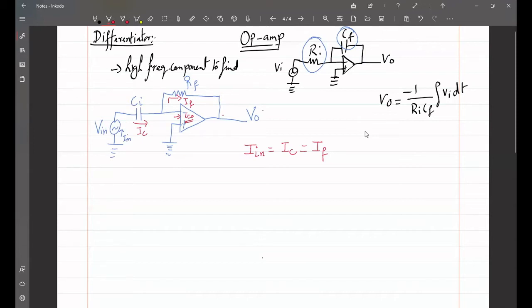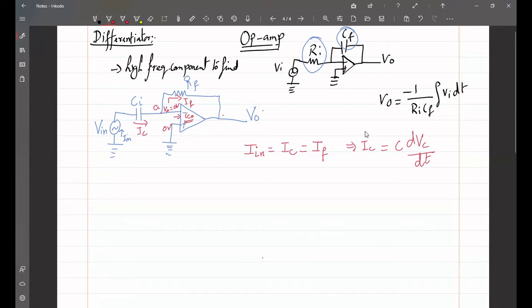We know the capacitor current. In the integrator itself, we derived the capacitor current equation: IC is equal to C into dVc by dt, where Vc is the capacitor voltage. Consider this node A. Due to the virtual ground, the potential here is 0 volt, so Va is equal to 0 volt.